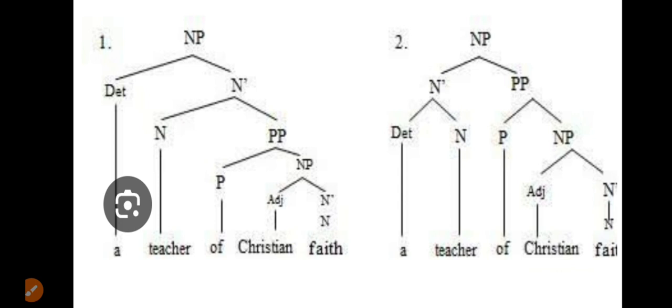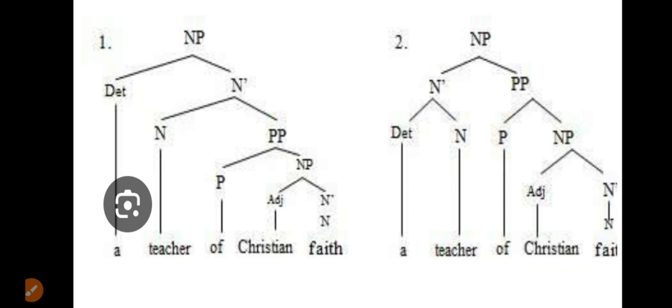So the noun will be dropped, and the rest, of Christian faith, is a prepositional phrase. So the preposition will be dropped, then again a noun phrase is there. What is the noun phrase? Christian is an adjective, and faith is a noun, N-bar is noun.